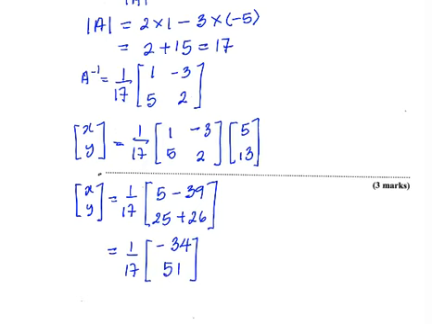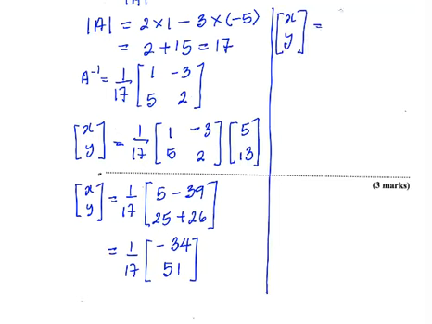So where do we go from here? Next we can say that [x; y] is equal to [minus 34 over 17; 51 over 17]. Multiplying by 1 over 17 is the same as dividing by 17. So the answer here is minus 2, and down here we have positive 3.